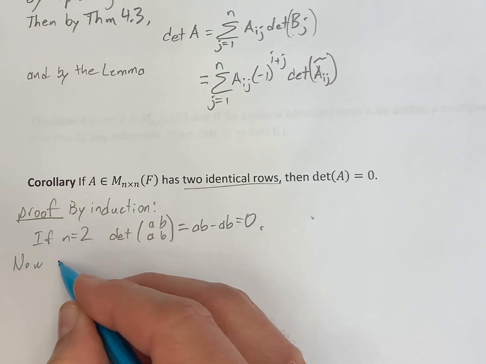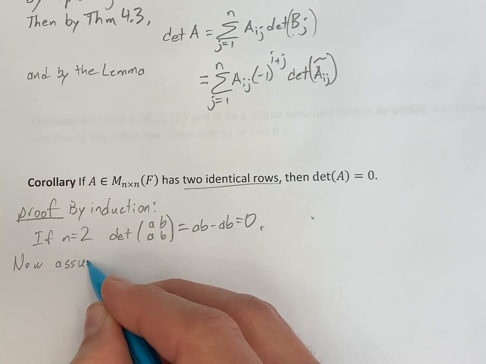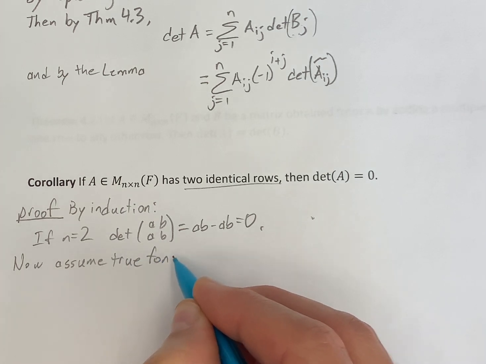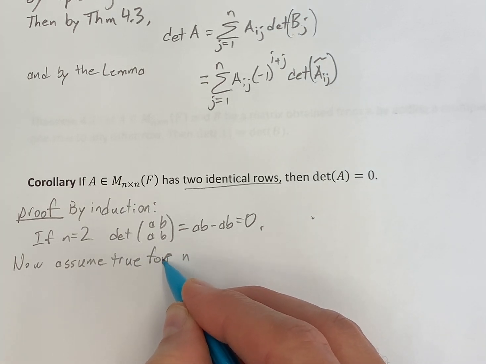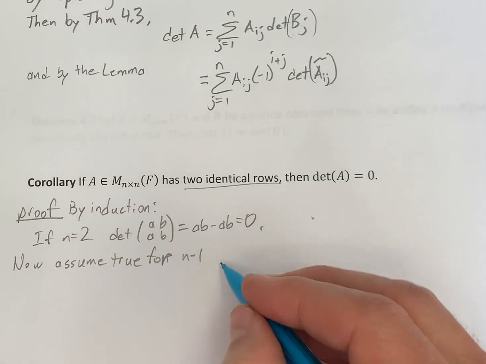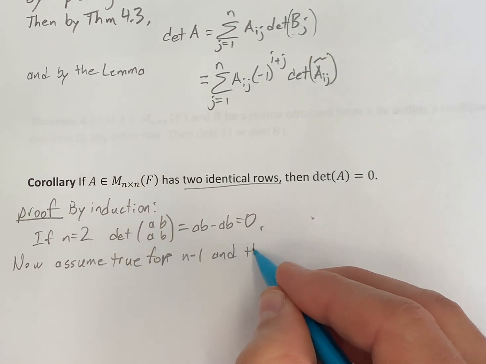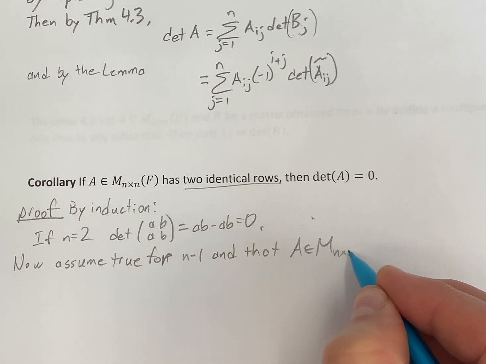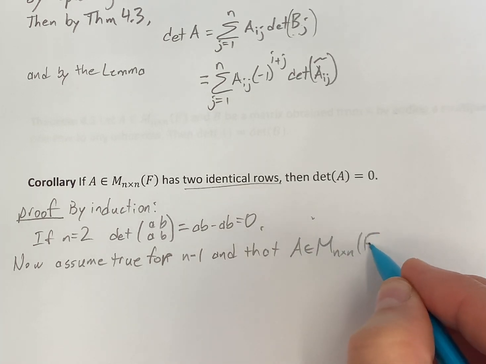Now, assume it's true for n minus 1, and that A is an n by n matrix, okay?